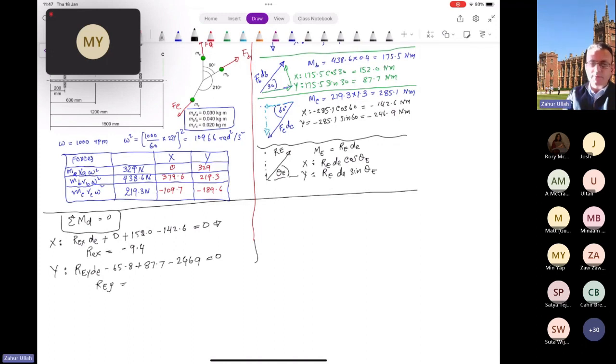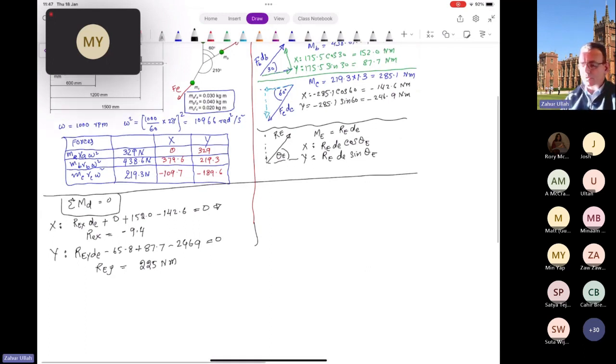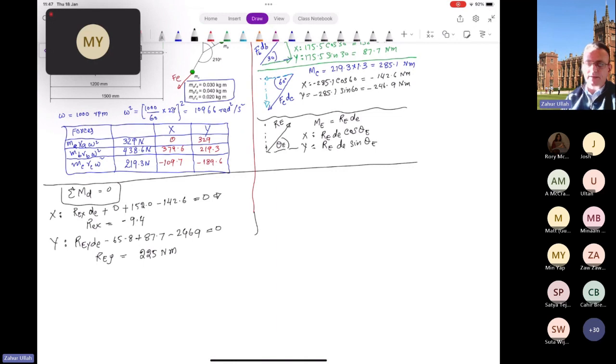So REY will be equal to, in this case, 225 Newton meter. Okay, so we managed to calculate REX and REY from here.